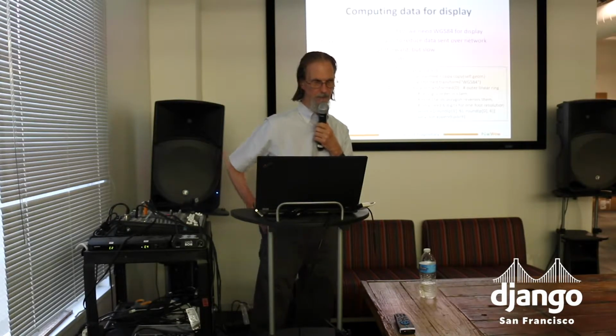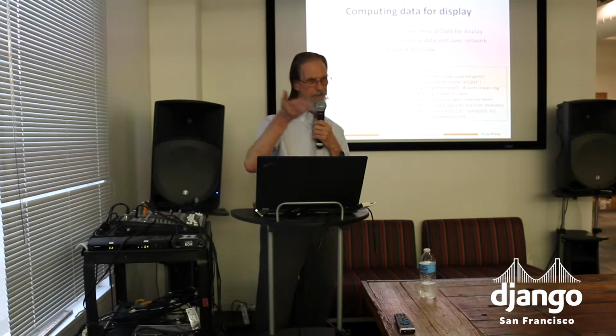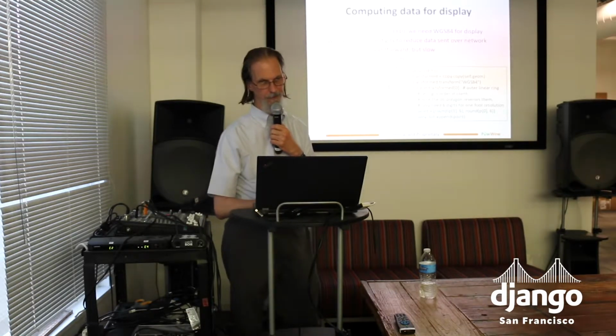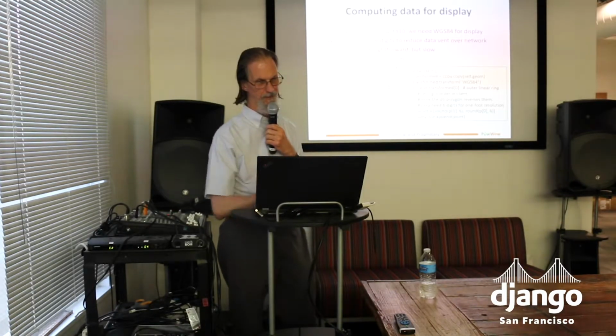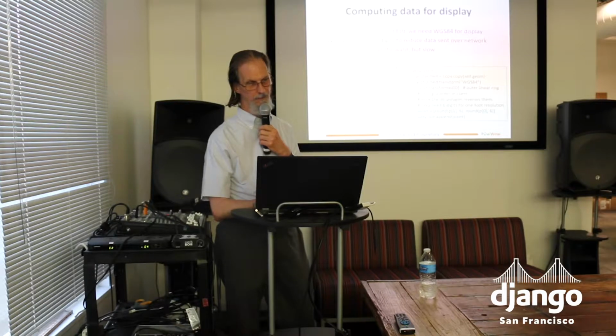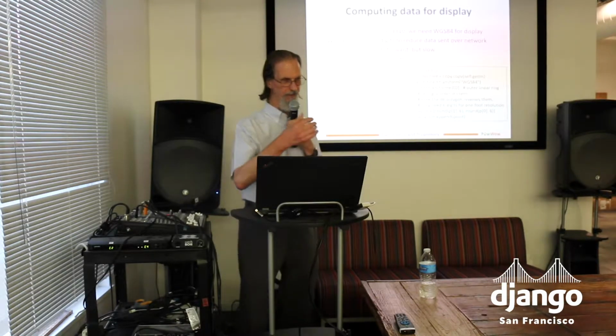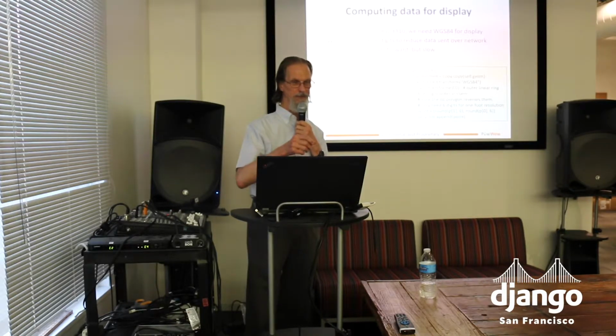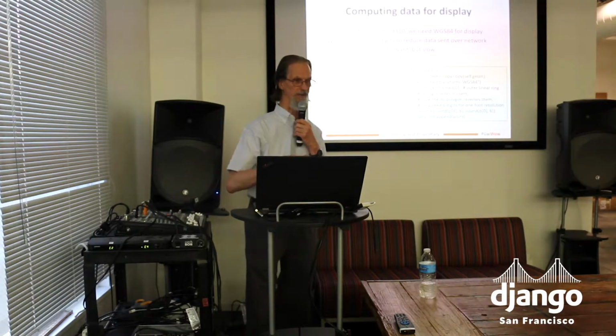So now, walking back through that little flow diagram, you say, well, I want to compute the data for display. It's pretty straightforward. You have to transform the data out of the database into the right coordinate system, and then we get to round it. This is important because the Django REST framework, and pretty much all other REST frameworks, will by default give you like 14 digits.